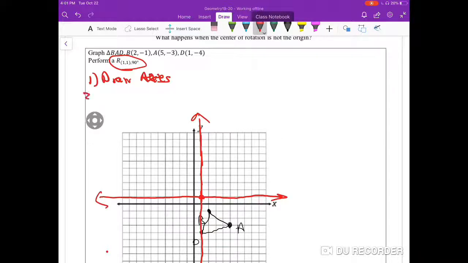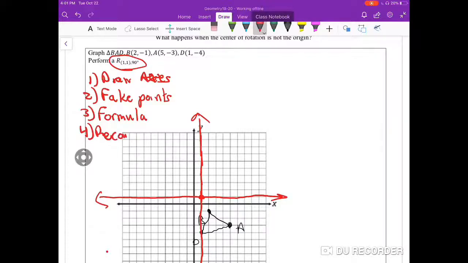All right, and step 2 is we're going to make some fake points. Then we're going to use our formula, okay, and then we're just going to recount. All right, I'll show you what that means. Okay, so if I was talking about the fake axes, right, so my fake coordinates here, what is the coordinate of the fake point B?